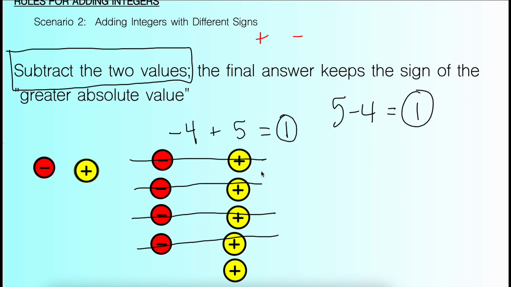Let's look at this with one other example. Let's try 4 plus negative 7. All right, so if you're thinking integer chips, I've got 4 yellow, 7 red. There's more red than yellow. So right off the bat, I know my answer is going to be negative. The negative number is bigger than the positive number. How many more are there?